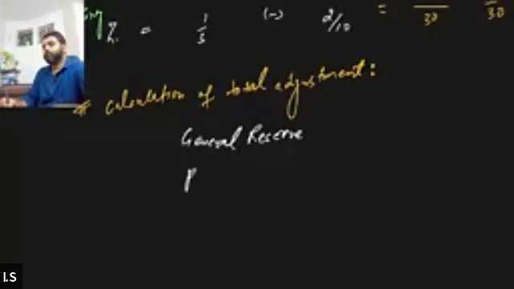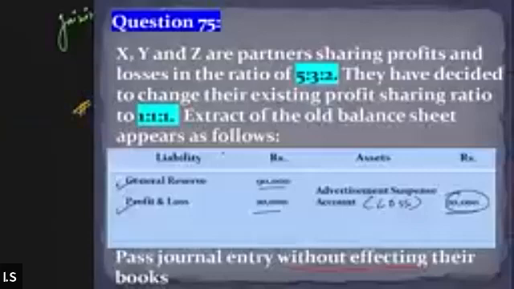We will add both the values, general reserve and amount of profit. See what were the values of the general reserve and amount of profit given in the question. In the question, the general reserve was 90,000, profit was 10,000.